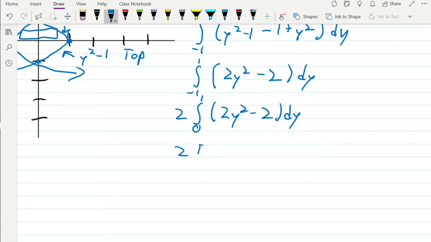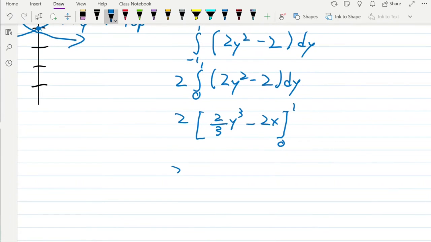So now we're going to integrate, and we're going to get 2 over 3 y to the third power minus 2y from 0 to 1. So we're going to get 2 times 2 over 3 times 1, which will just be 2/3, minus 2.